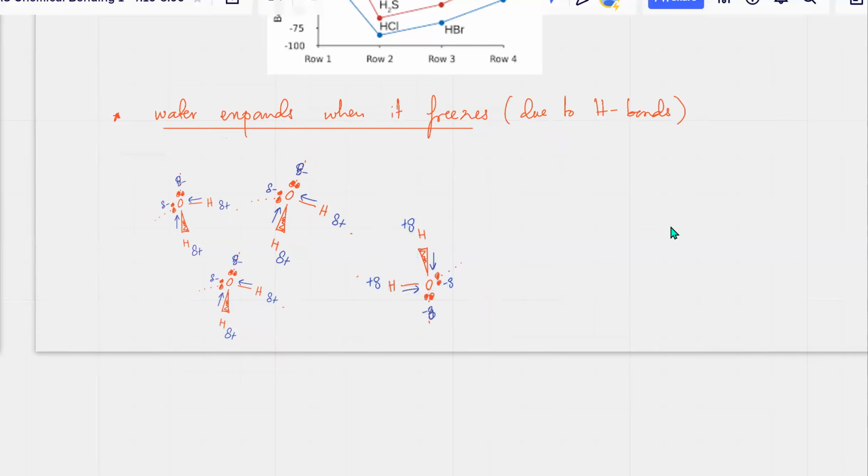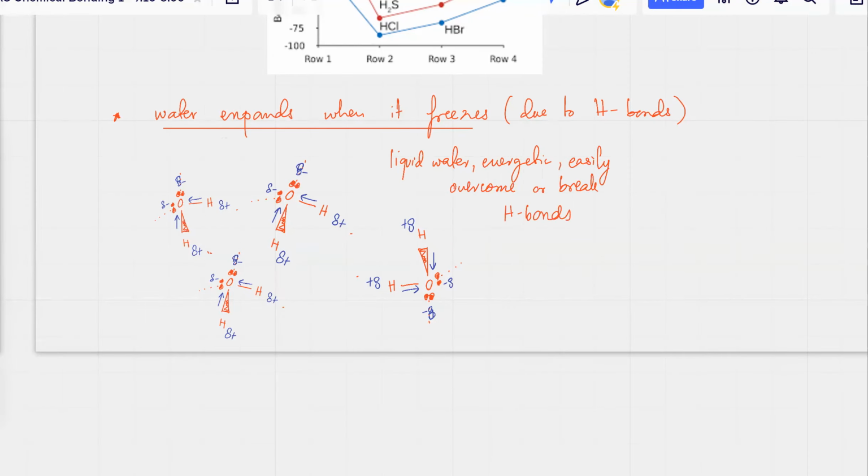When water is liquid, water is energetic, and that means they're capable of overcoming or breaking those hydrogen bonds. They easily overcome the attractive force, overcome or break hydrogen bonds when they're in liquid state.